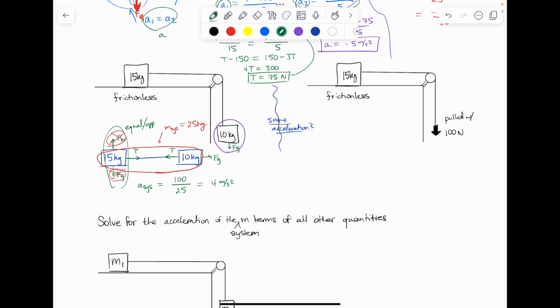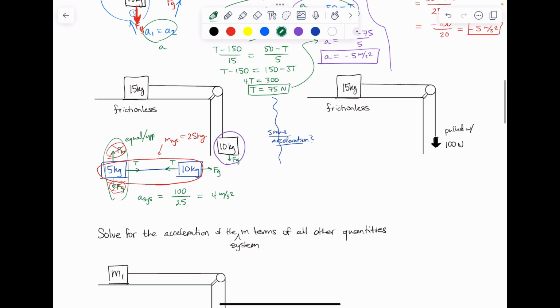Okay, cool. Now let's do the same thing except with this situation over here. So I have 15 kilograms. I'm going to stretch it out horizontally. And then I have an applied force of 100 newtons.